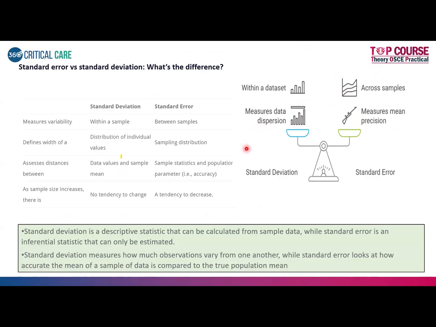The standard deviation measures the data dispersion, while standard error tells us about the mean precision, across multiple means. The standard deviation assesses the distances between the data values and the sample mean, while standard error assesses the distances between the sample statistics and the population parameter, that is the accuracy of the study.